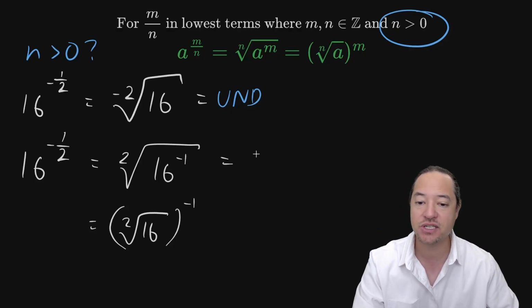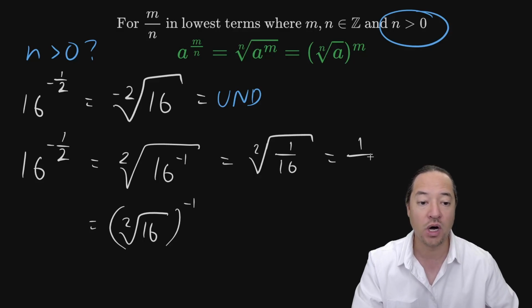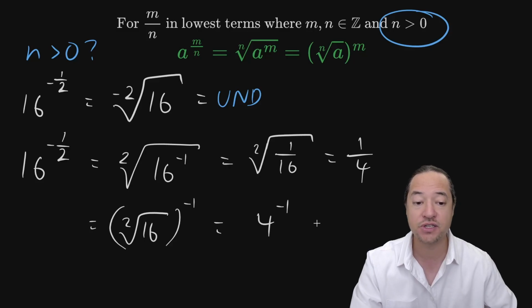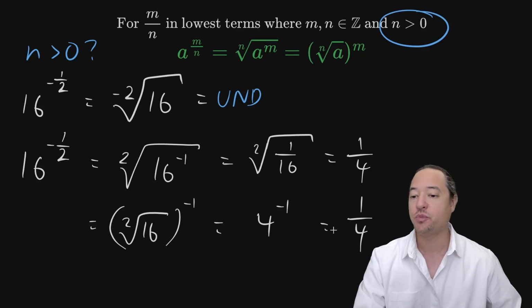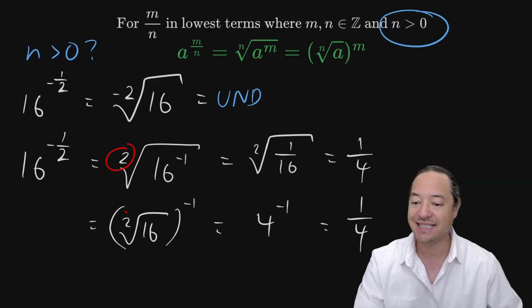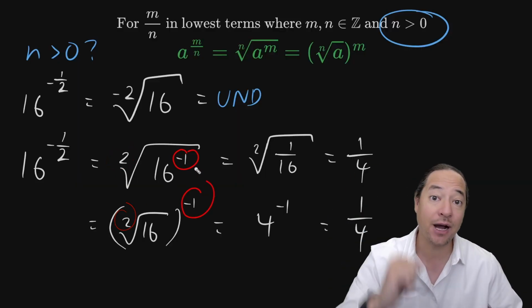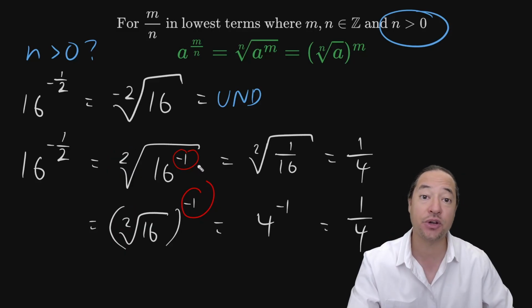If we do this, of course, with this top one, we'll get the square root of 1 over 16. That's what that negative 1 does, and this would give us a value of 1 over 4. Here we could do the same operation. The square root of 16 is going to be 4. 4 to the negative 1, well, that's just 1 over 4. So this is the proper way to do this. We don't put the negative sign in the index, right? We leave it outside and put it in the power part, in the numerator.